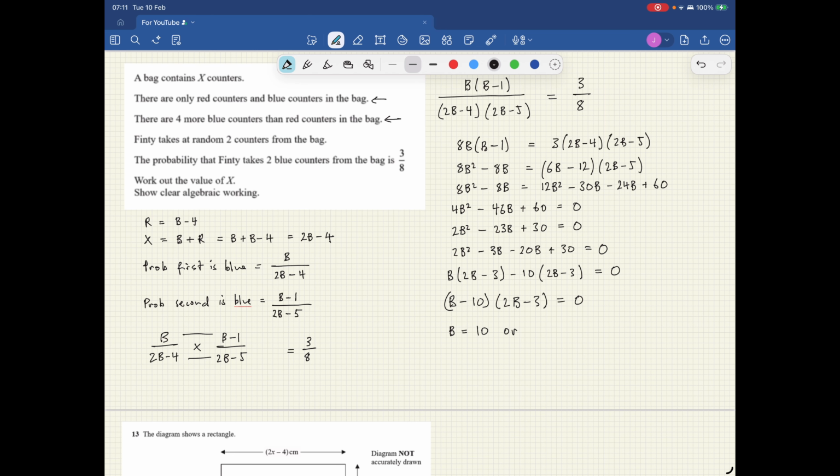Or I can say that b equals, and then just doing this in my head, I would subtract 3 and then divide by 2. I'd end up with 3 over 2. So I've got two possibilities for the number of blue counters here. It's either 10 or it's 1.5.